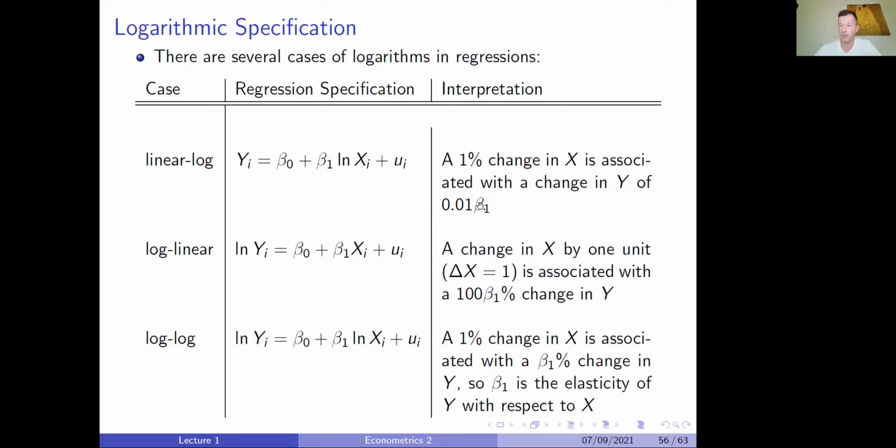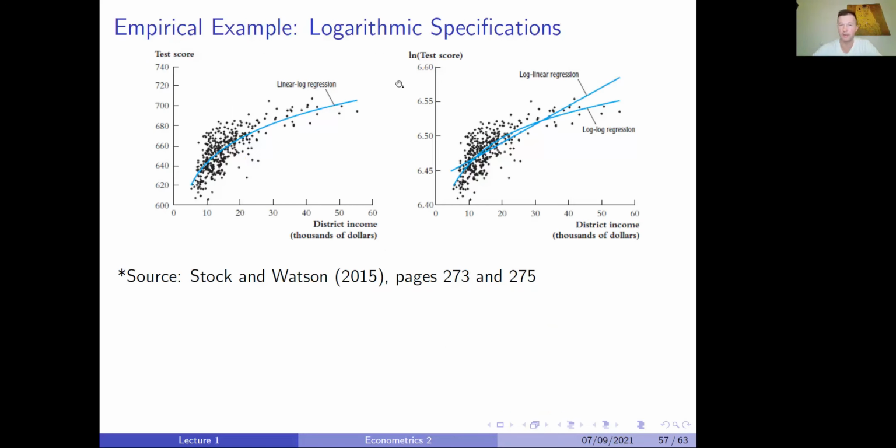So now let's see how these logarithmic specifications are related to our problem. First, the linear-log regression: the log is in district income and test score is in levels. You see that this specification looks very similar to the polynomial of order 2.